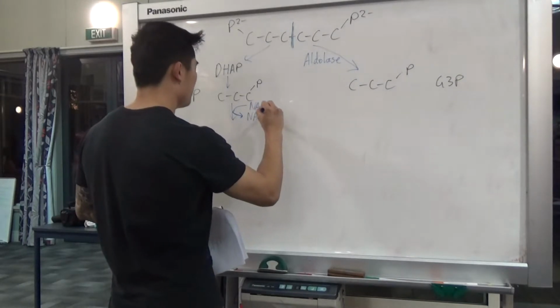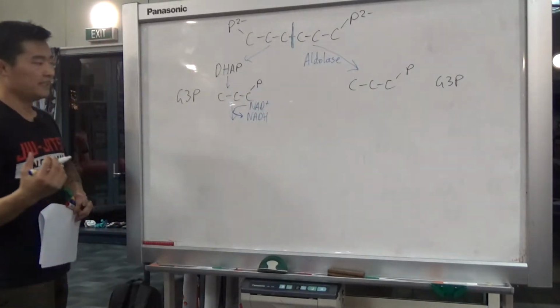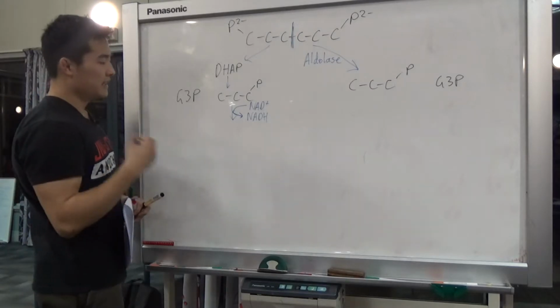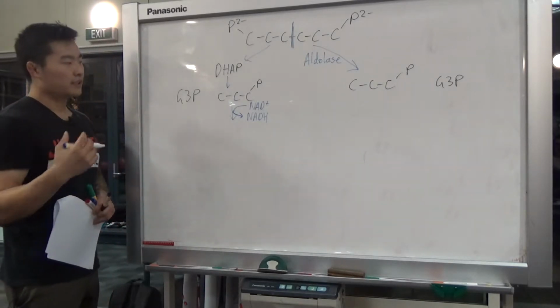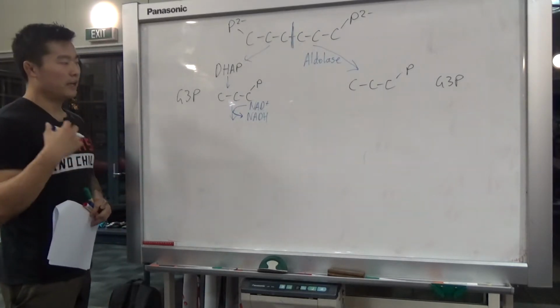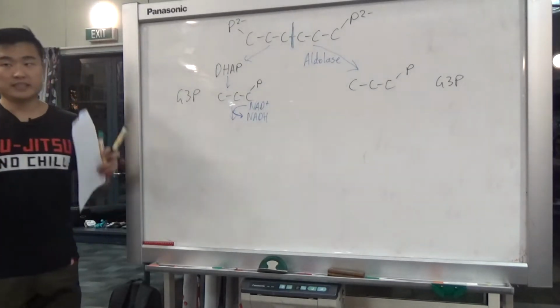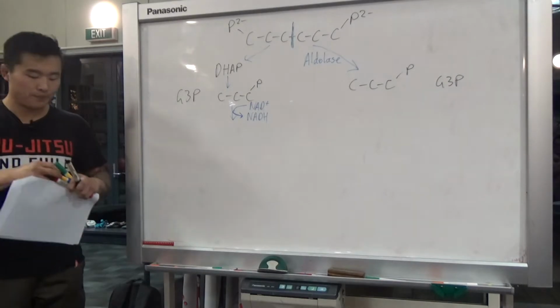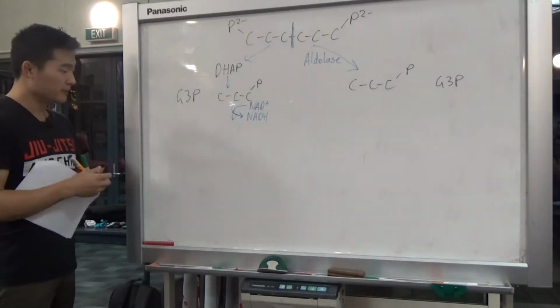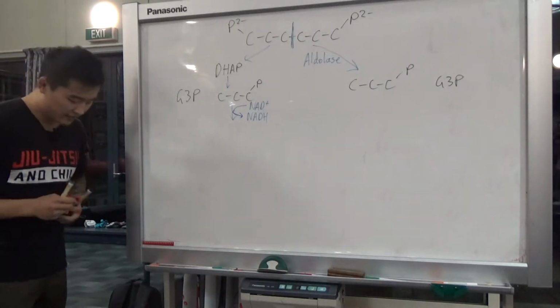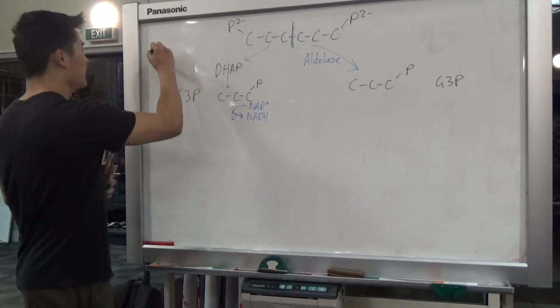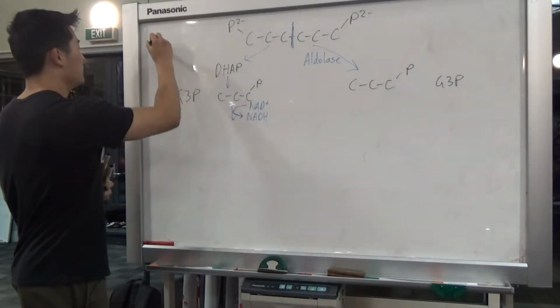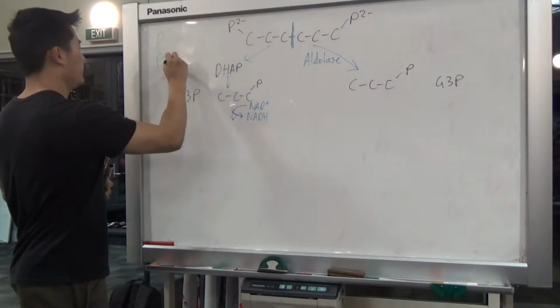So it's going to become NADH, and at the same time, it's going to add a phosphate group. In the cell, in the cytoplasm, there are phosphate groups just floating around.